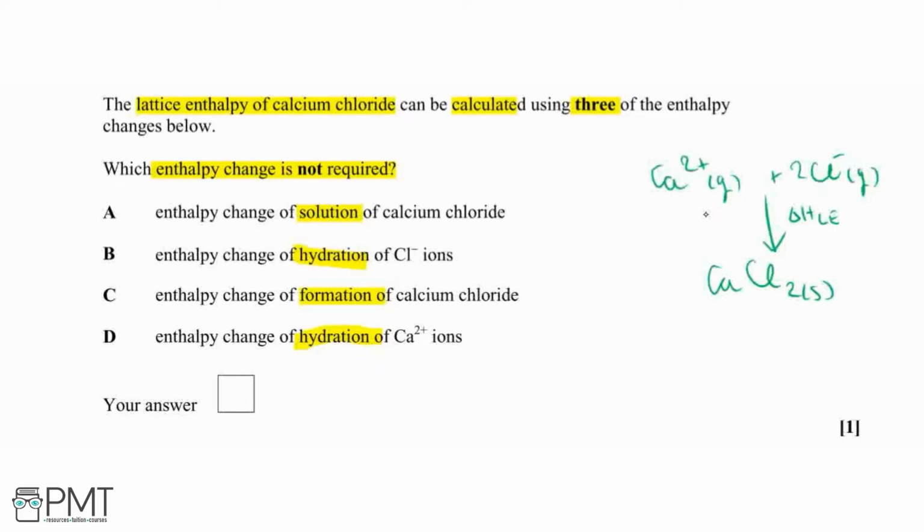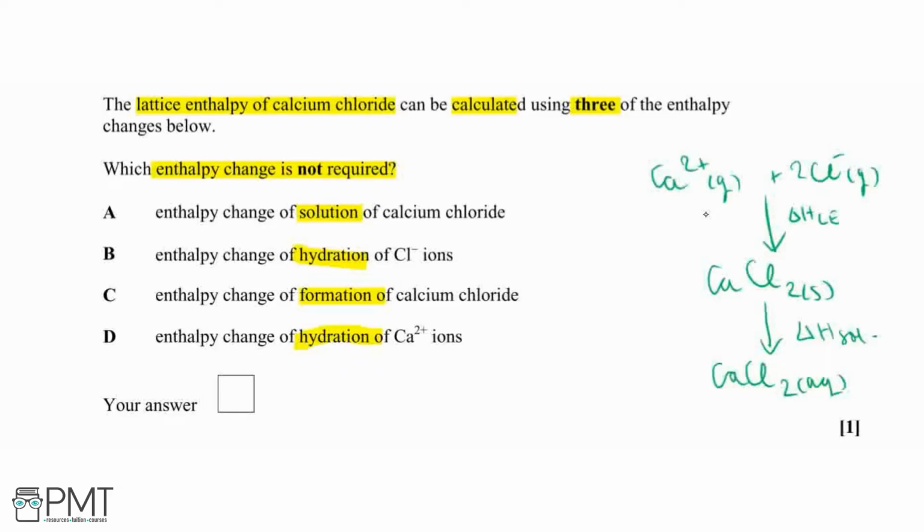Then our enthalpy change of solution is if we go from the solid calcium chloride and dissolve that in water to get the aqueous compound. These can be exothermic or endothermic, so I'm just going to draw a downwards arrow for the purpose of this diagram. This is our enthalpy change of solution for the calcium chloride.